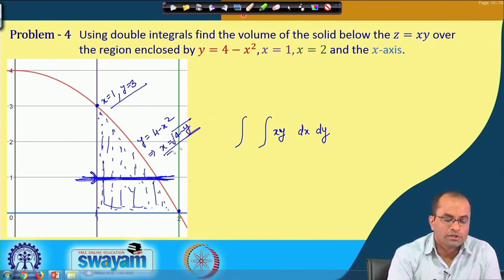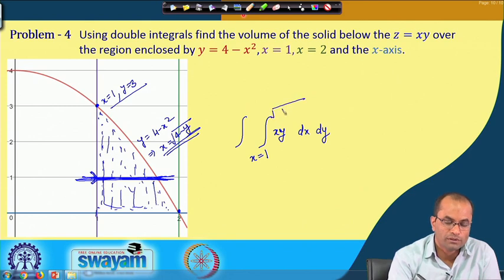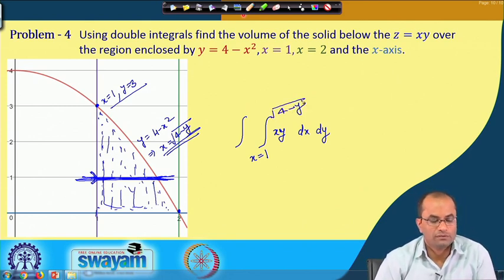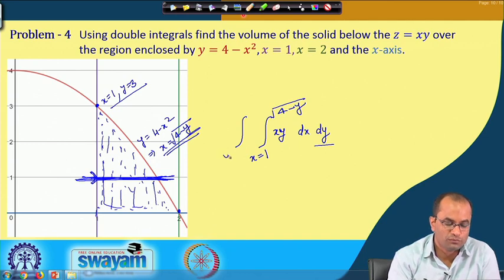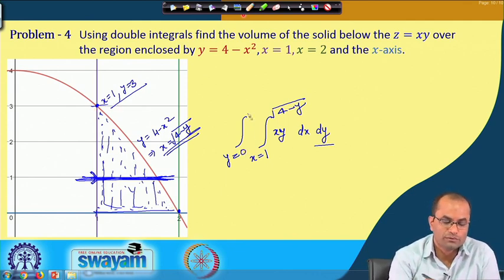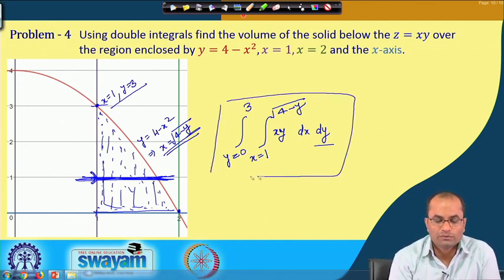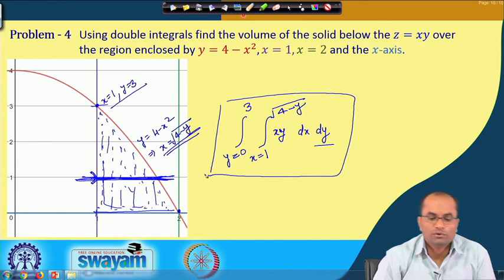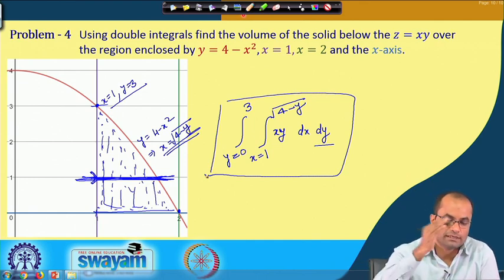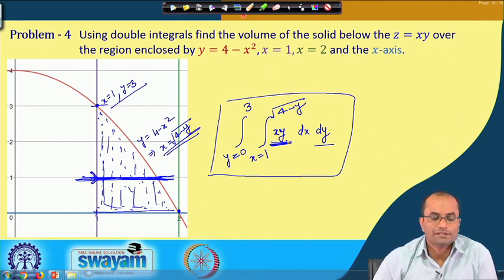So, for the inner one, x, we are moving from 1 to square root 4 minus y, and for the outer one, for y, we are moving from this line to that line. That means y is equal to 0 to y is equal to 3. So, this is the integral we now want to evaluate, and that will give us the volume of the solid below the surface z is equal to xy, which is the integrand of this integral.